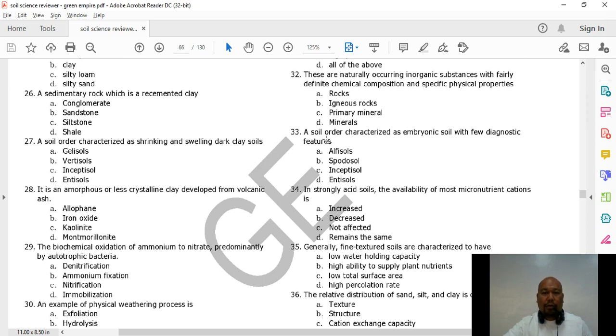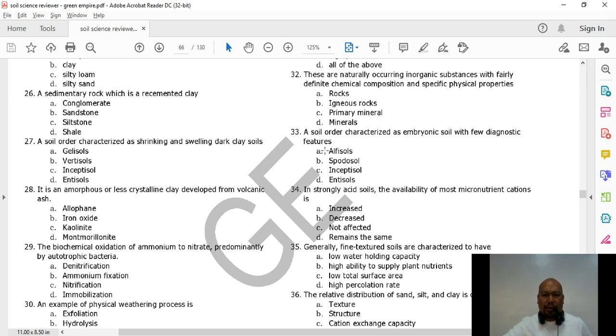So we're here now, let's start with 33 for our review. Again, I will just focus on the introductory aspects and those of physical properties. The difficult questions I will give to Ma'am Alesna, so that Sir will just have the easy ones.